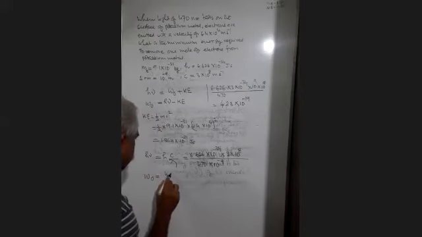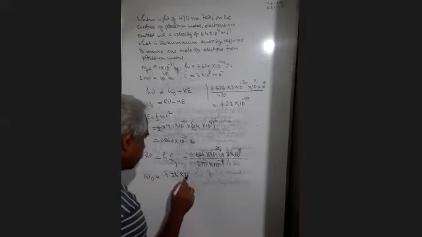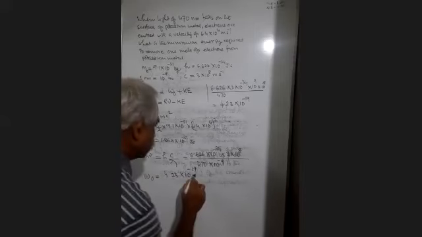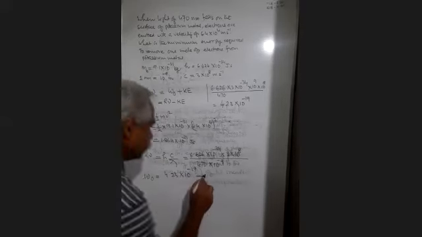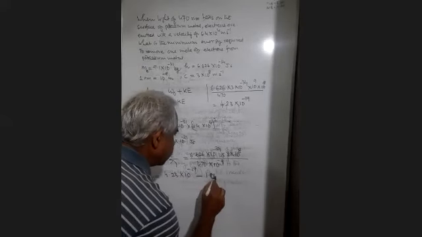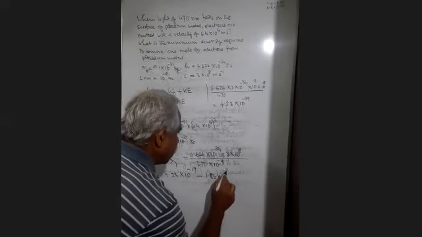So now, see this. What will we write now here? W0 is equal to h nu, no? So 4.23 into 10 to the power minus 19 minus 1.86 into 10 to the power minus 21.